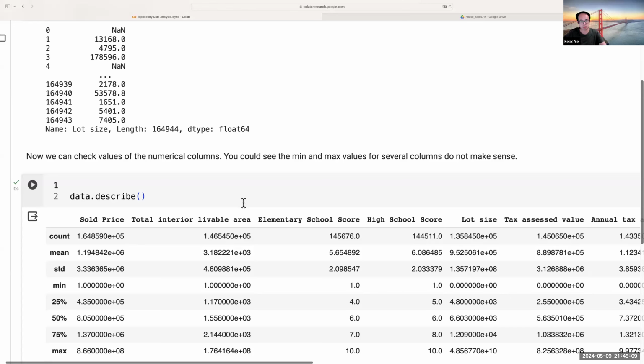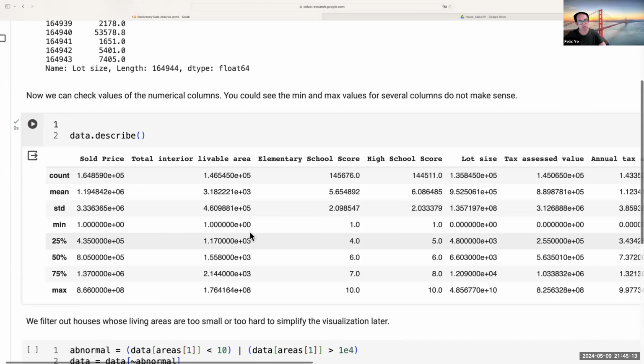I'm going to check some basic information. For example, this has a mean, standard deviation, minimum, and maximum. You have to check carefully. For example, right here, for total interior livable area, the minimum is only 1 square foot. That doesn't make any sense, right? And the maximum is 10 to the 8 square feet. That's huge.